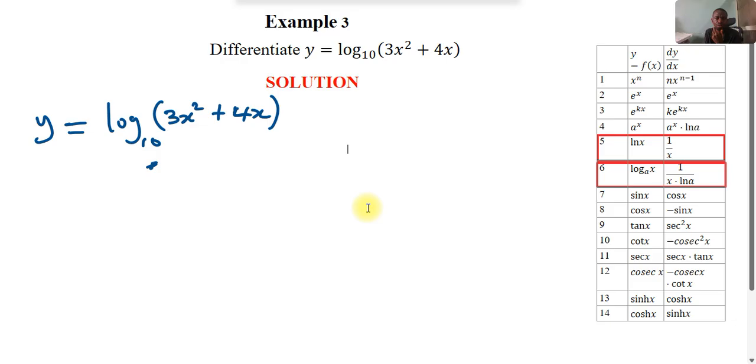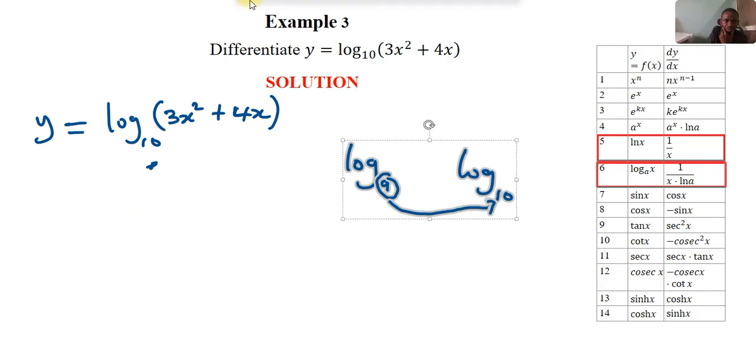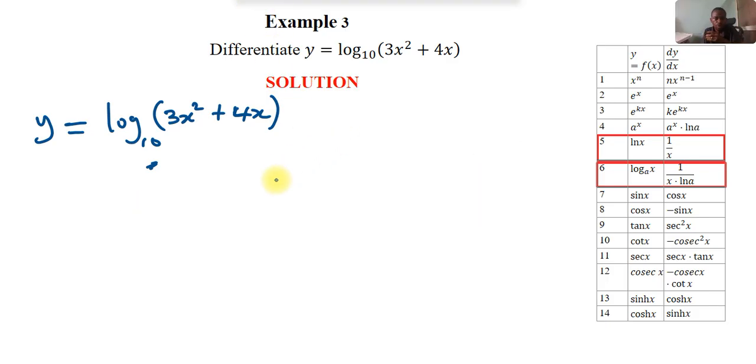So we will do our representation again. I have y equals log u, by representing this to be u. Let me write that. So I'll just say let u equal 3x squared plus 4x.